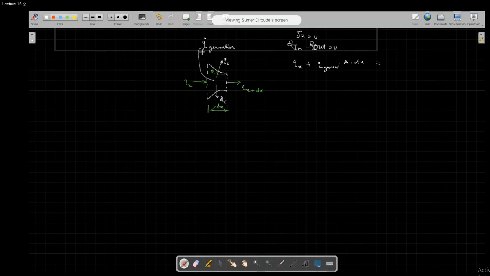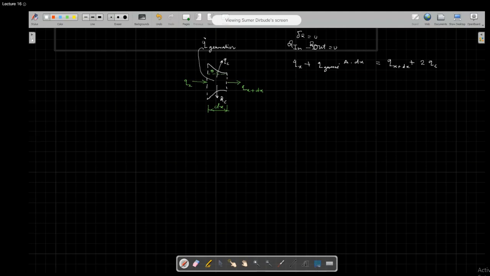Generation is also an input to the system, and the output of this system is whatever is going from the system. So Qx plus dx is the heat going out of the system, and twice Qc is the heat going out of the system due to convection.